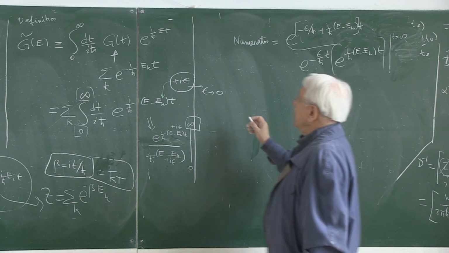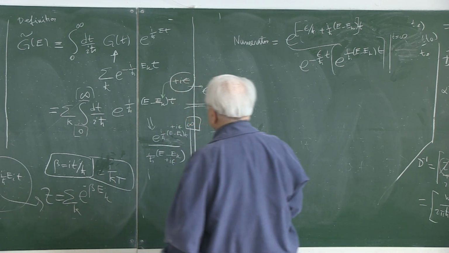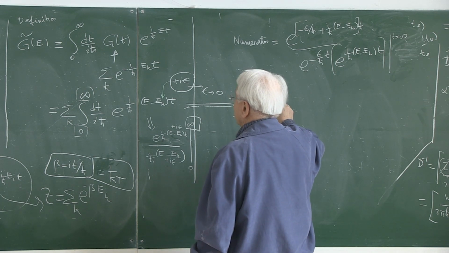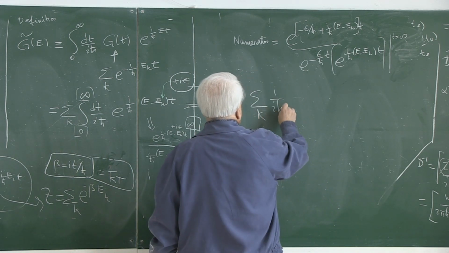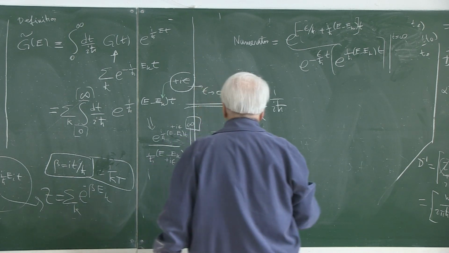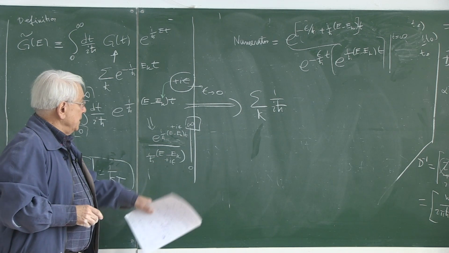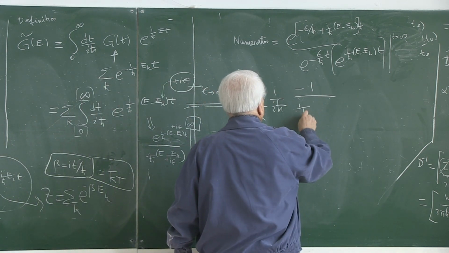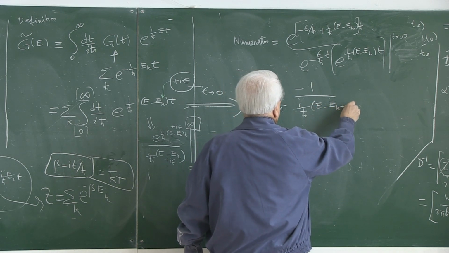So the result becomes sum over k times 1 over iħ, which was already sitting in there, and the infinity now didn't contribute, minus 1 divided by i over ħ, E minus E_k plus iε.